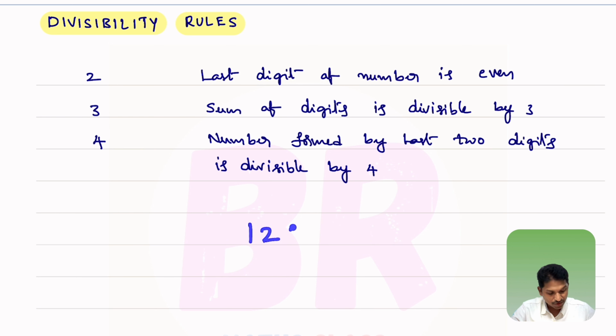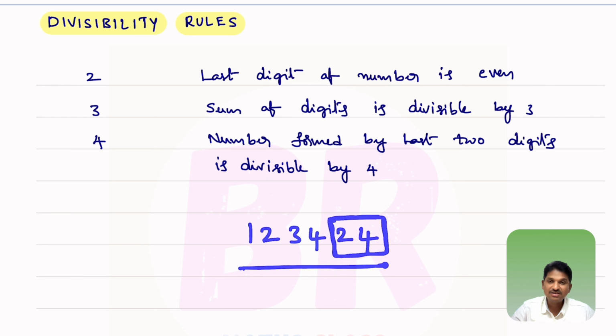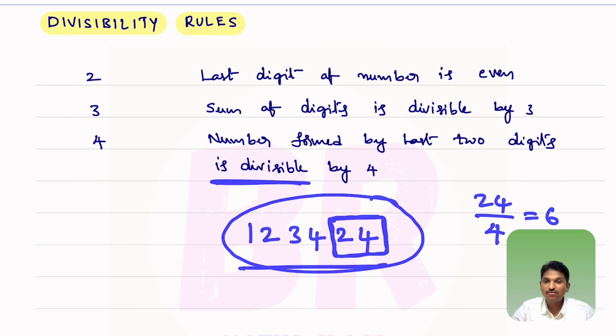Suppose something like this, 1, 2, 3, 4, 2, 4. Is this number divisible by 4? You just observe last two digits. If this last two digits are divisible by 4, then this total number is divisible by 4. Is 24 divisible by 4? Yes, 24 is divisible by 4. So, then this total number is divisible by 4.